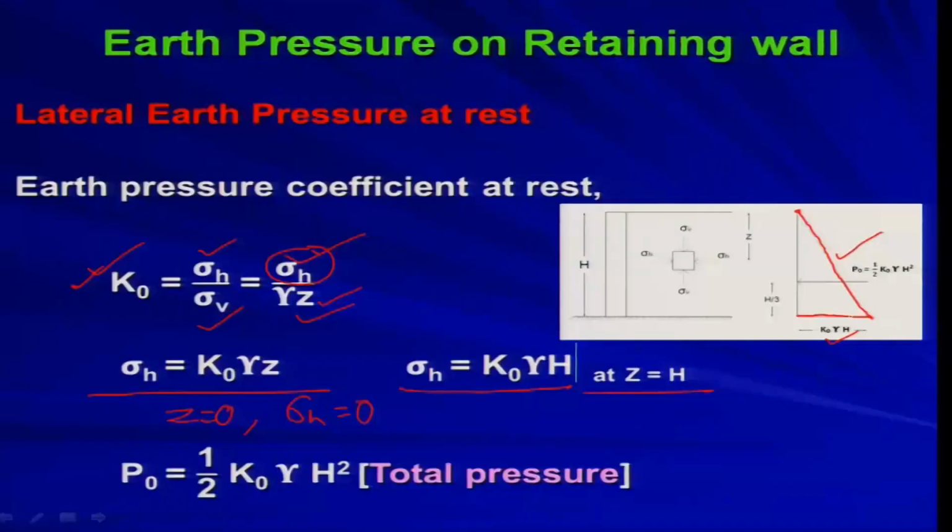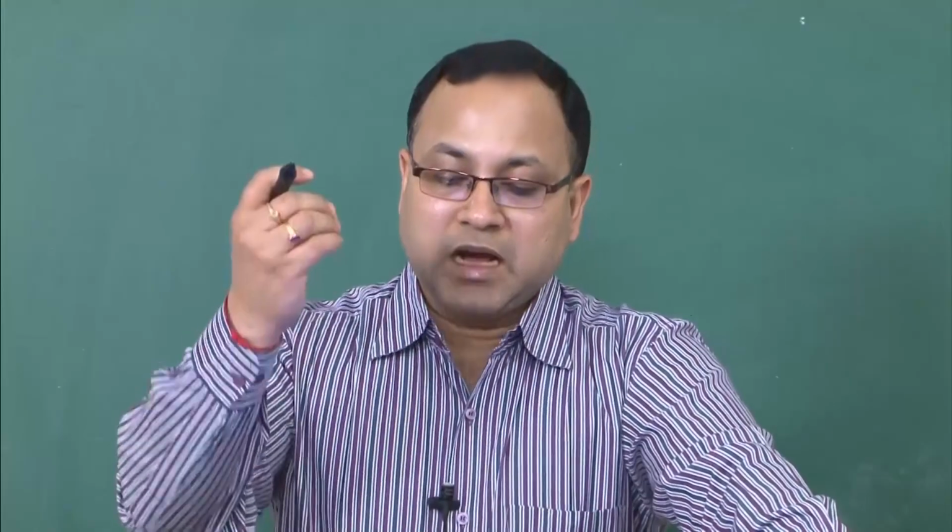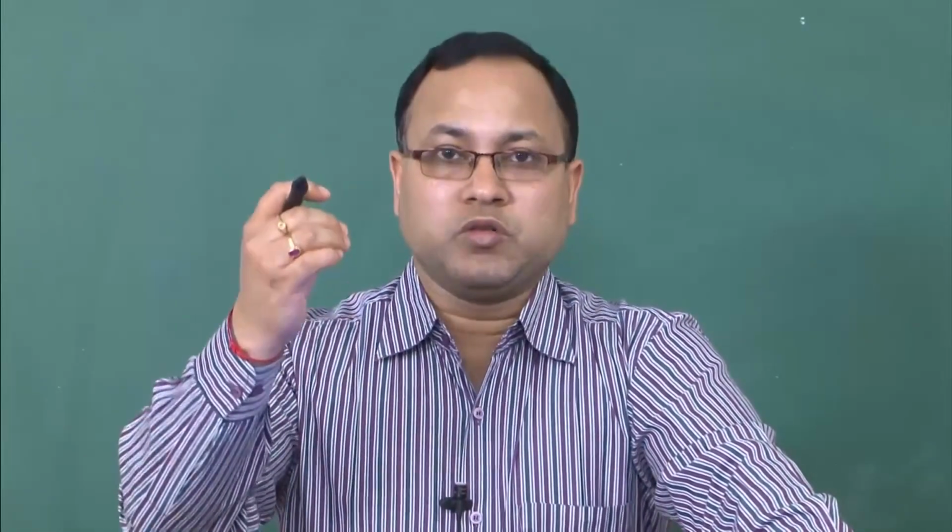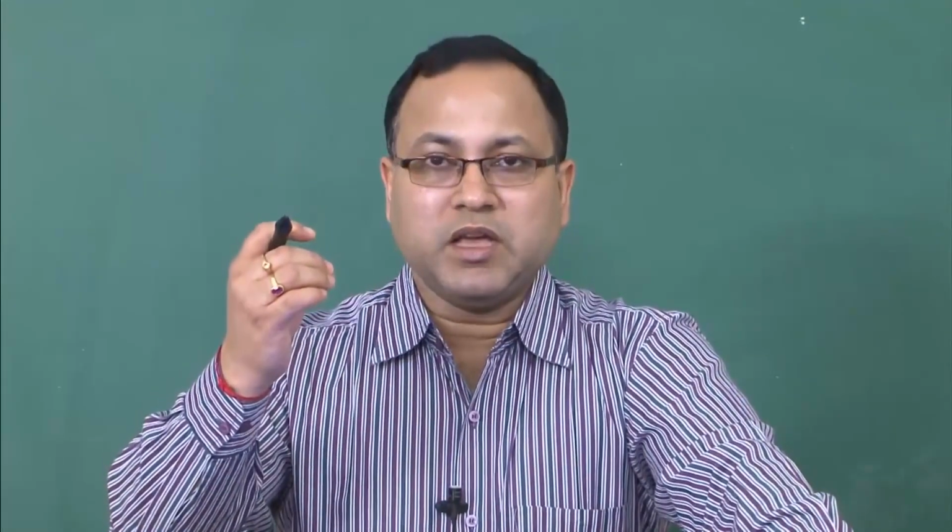Now, if you want to find out the total pressure, that is the total thrust at rest condition, that is nothing but the area of this triangle. So, the area of this triangle is P naught equal to half into K naught into gamma H square, because we are considering all these problems as plane strain problems, that is, the direction normal to this plane is unit.